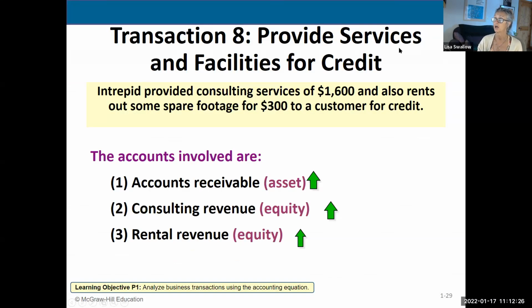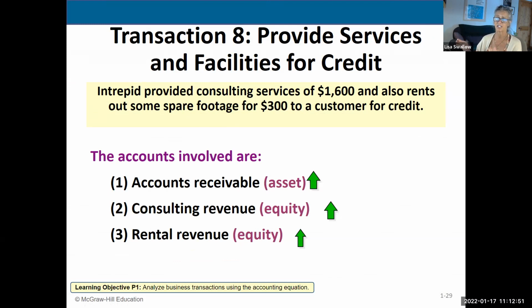Okay, now my company Intrepid provides consulting services of $1,600 and also rents out some of my spare square footage for $300 to a customer. So two things happened. I provided some services, right? My web consulting, that's what I do.